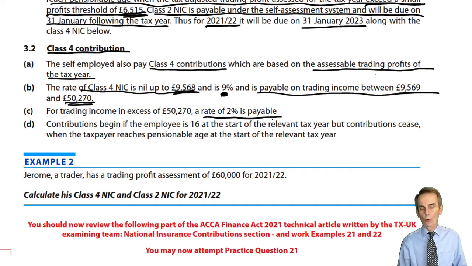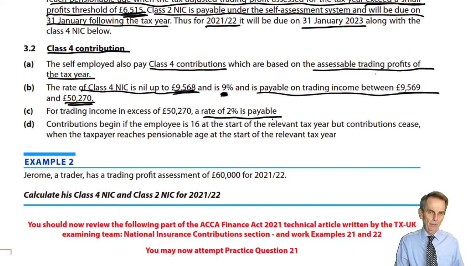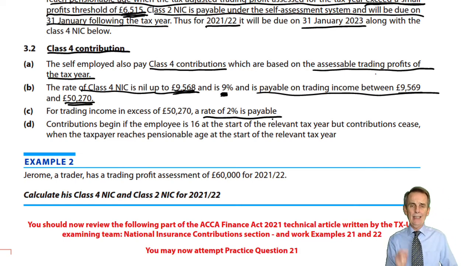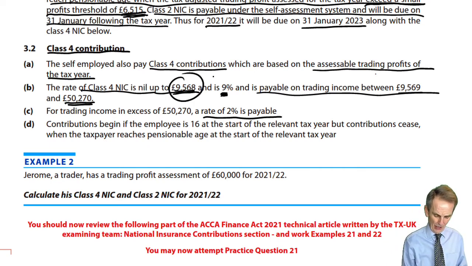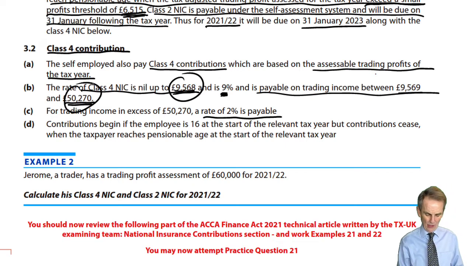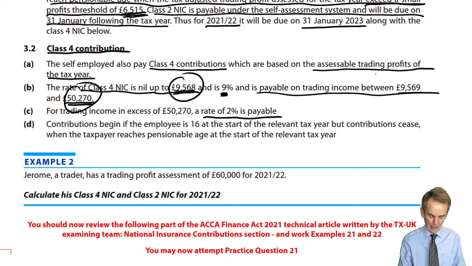Here, we don't do monthly apportionments. Again, if it's a normal continuing business, there isn't an issue. You've got an accounting year end that gives you the trading income. But if it was the first tax year, or maybe even the final tax year, that may be other than a 12-month period of profit that we're dealing with, it doesn't make any difference. Whatever is the trading income assessment for the tax year, however long the trading income period may have been, we use these numbers, the £9,568 and the £50,270, to know where we pay 9%, where we pay 2%.